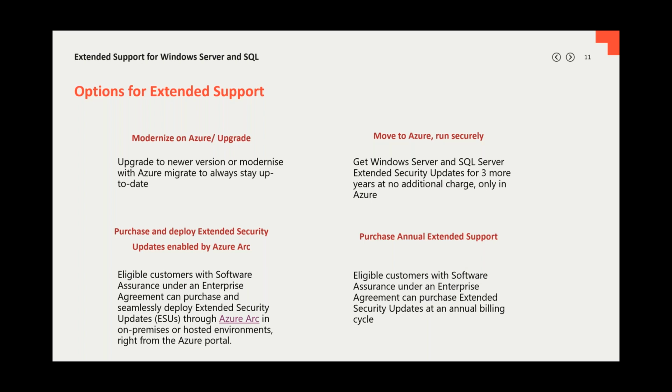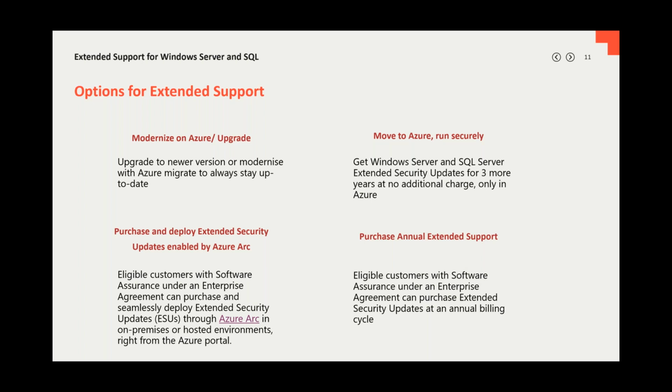So Azure Arc, for those who don't know, is a bridge that extends the Azure platform to cover on-premise solutions, so you can build application services with flexibility to run across data centers or in multiple cloud environments. But specifically here, extended support with Azure Arc basically means you can pay for the extended support via Azure, but it can cover your on-premise.